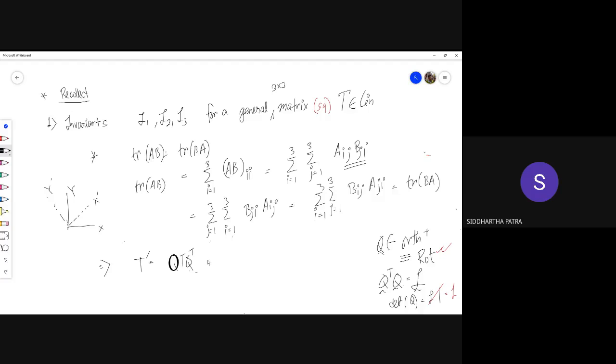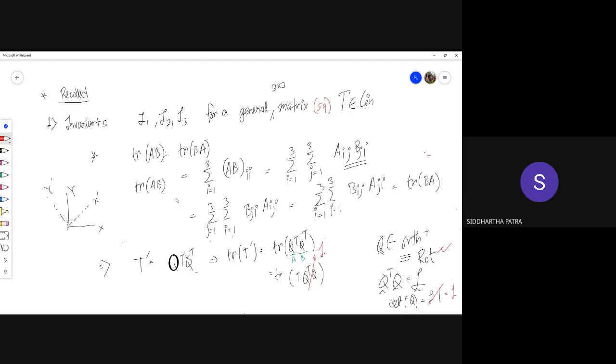Now if I take the trace of T prime, that would be the trace of Q T Q transpose. But then I can segregate Q like A, and T times Q transpose like B. So that way I can say that this is also the trace of T times Q transpose Q, and as you know, Q transpose Q is an identity matrix.